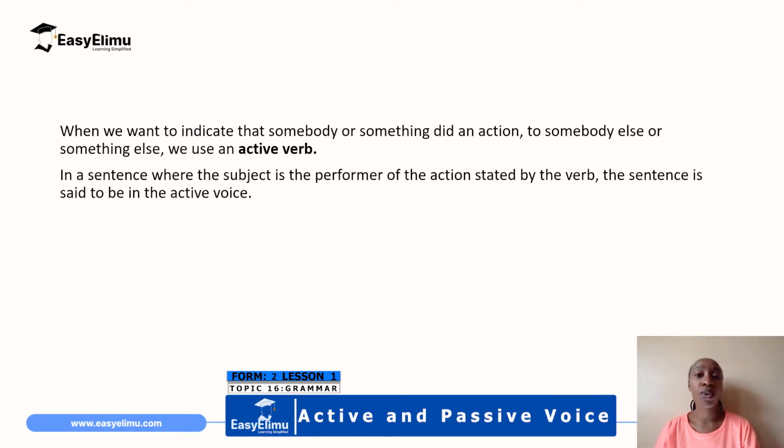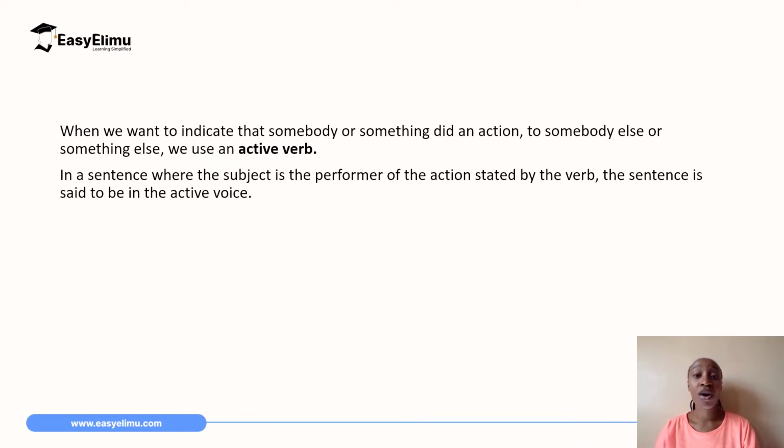When we want to say that somebody has done an action, or something has done an action to either another person or another thing, we use an active verb and we say that that sentence is in the active voice.